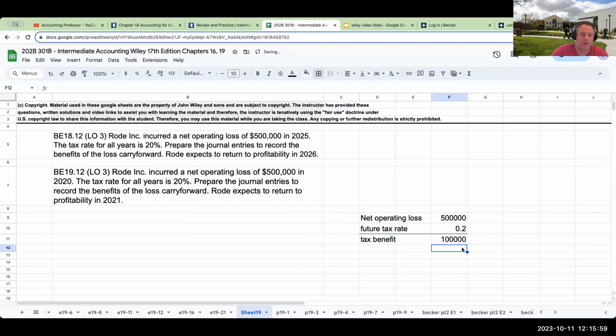As this is a future tax benefit, my gut reaction is that it's going to give me value, so I'm going to debit deferred tax asset for 100,000.